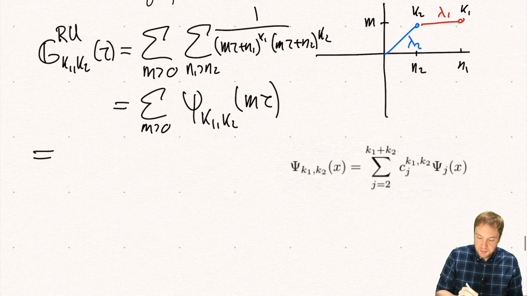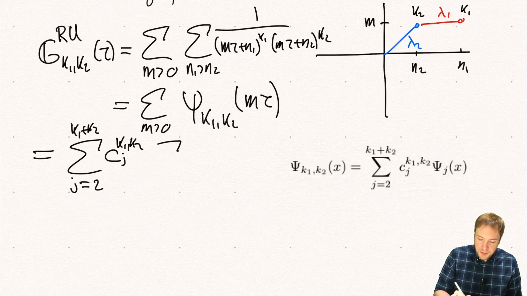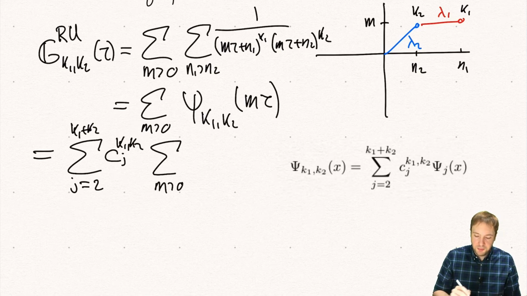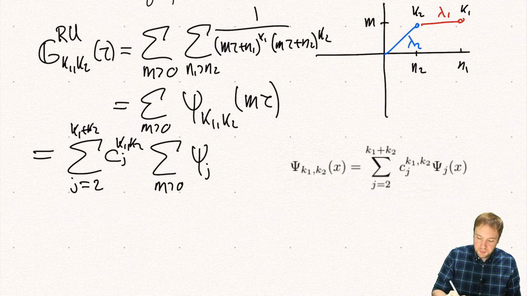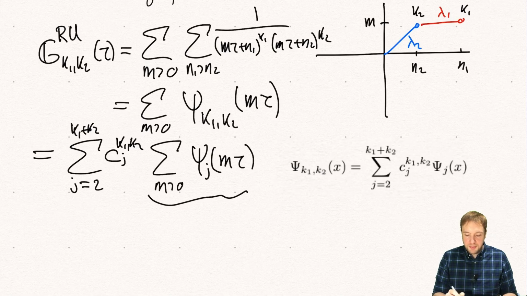So this sum here can now be written as a sum j goes from 2 to k1 plus k2, with some coefficients which are given by multiple zeta values. And here I have the sum over m greater than 0 of psi j of this monotangent at m tau. And this is again a monotangent ordered sum, so this is g hat of j.